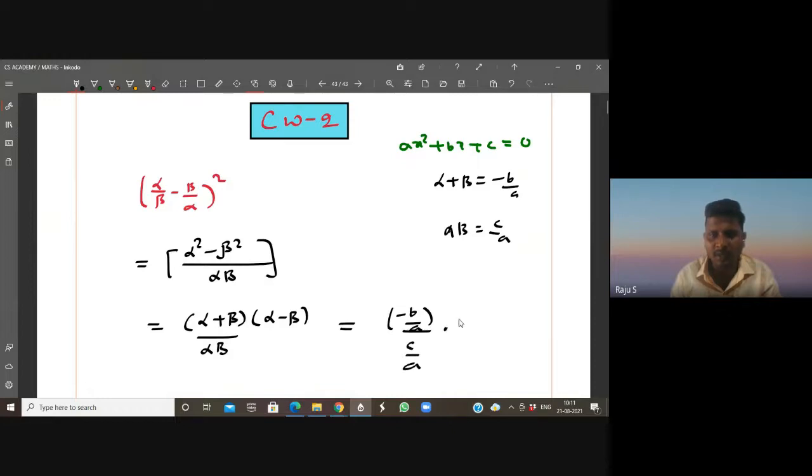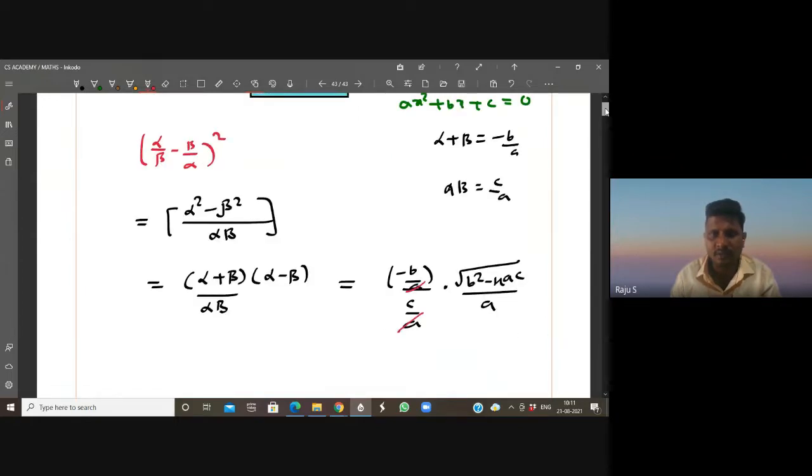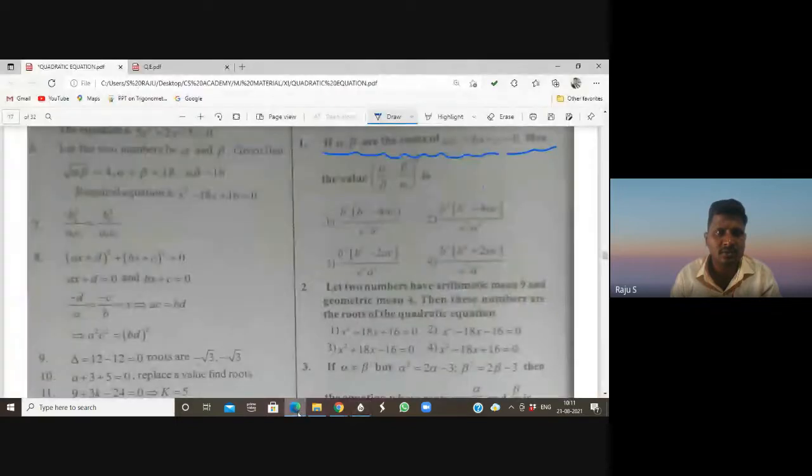Then what is alpha minus beta? Root of b square minus 4ac by a. We have written already. Am I right? So here a gets cancelled. What is the answer, students?